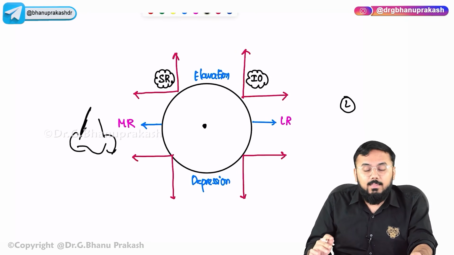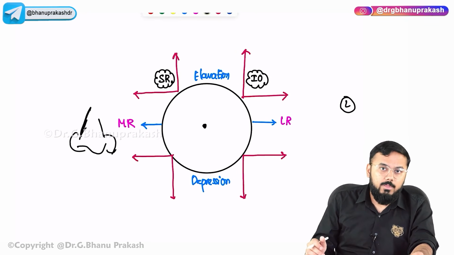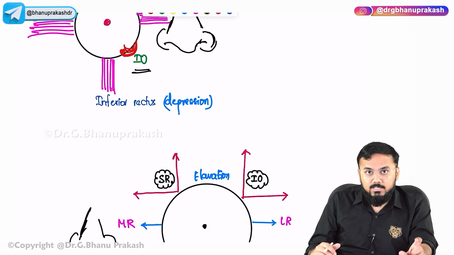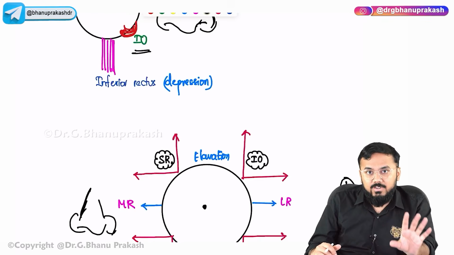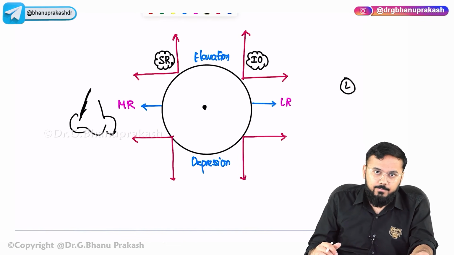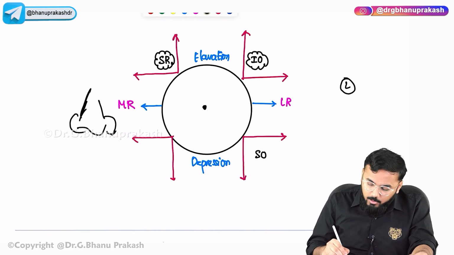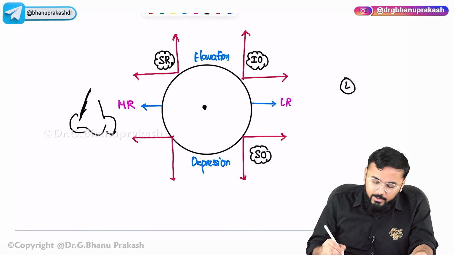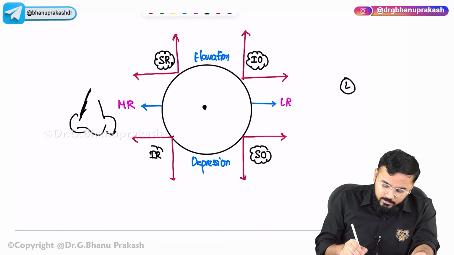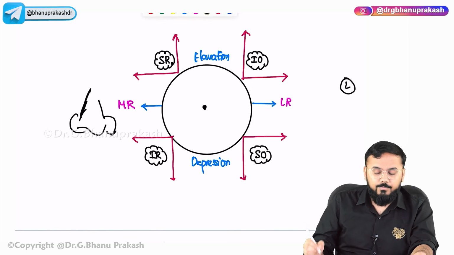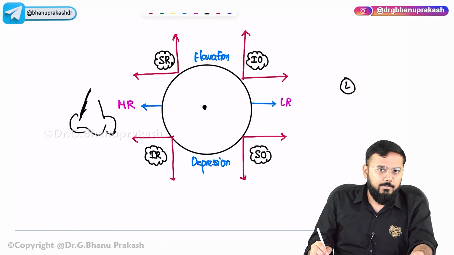This is not the muscle, this is the action of inferior oblique. Location wise, this is the picture. Action wise, this is the picture. So superior oblique will come here, and opposite to superior rectus is inferior rectus, which will come over here. This is the thing you have to remember.